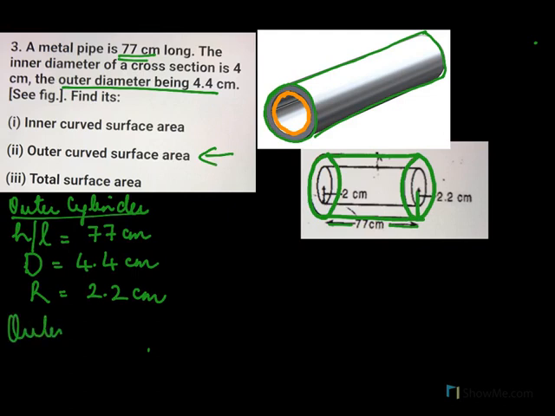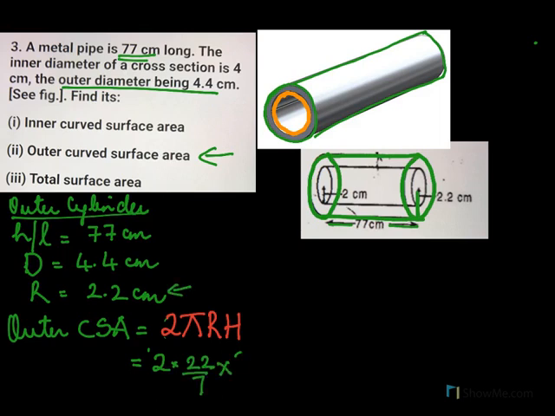To find the outer CSA, we have to take all the outer dimensions. So CSA, we know, is 2 pi R H. That is the formula. So we start putting the values. We have 2, our pi is 22 by 7, R is 2.2 and our H is 77.